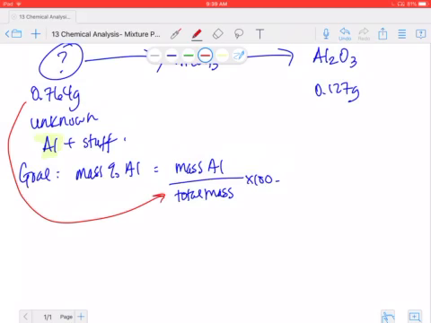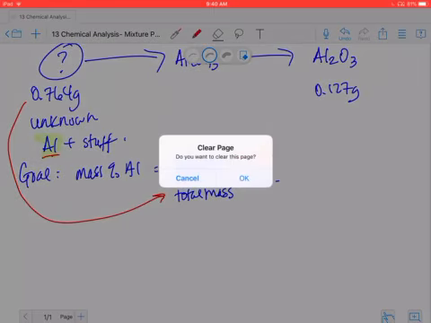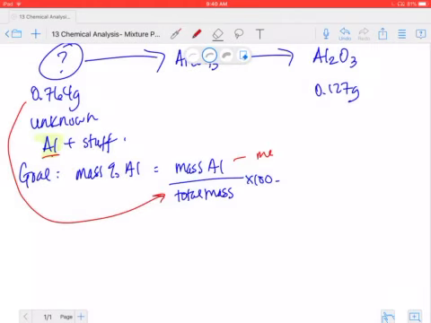Up top, I want to find the mass of this aluminum. So really, the thing I'm after in this problem is the mass of aluminum. This is what I need.